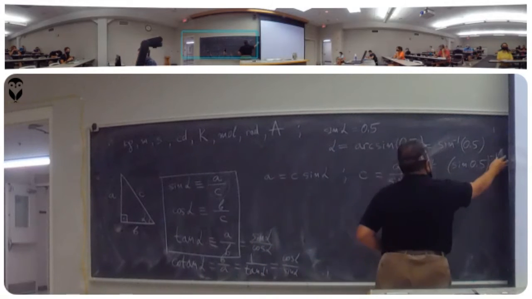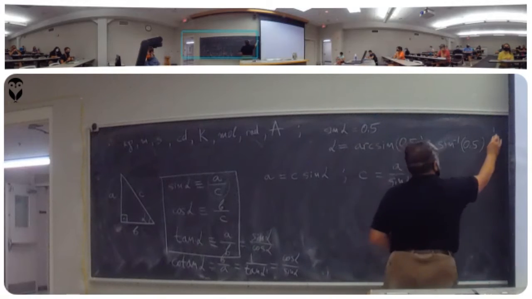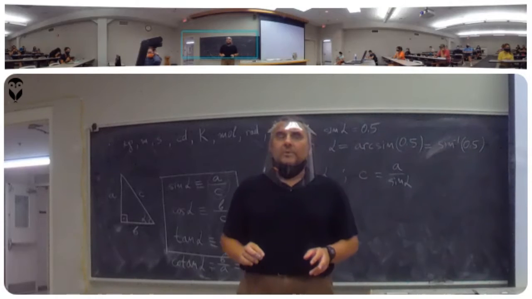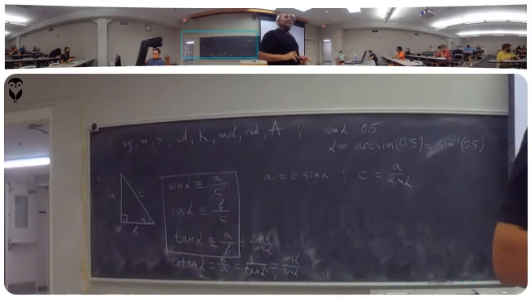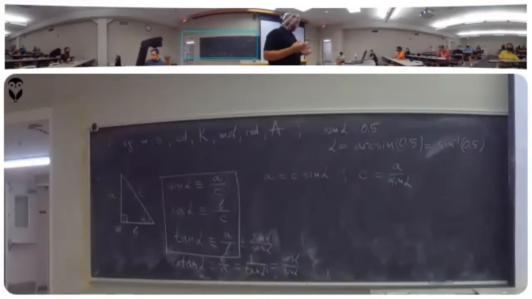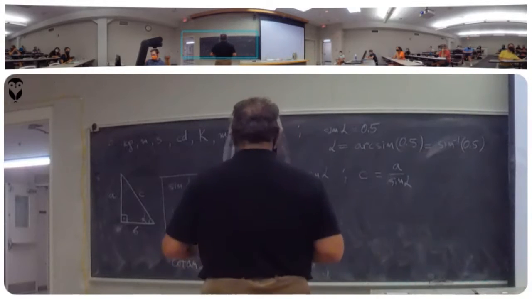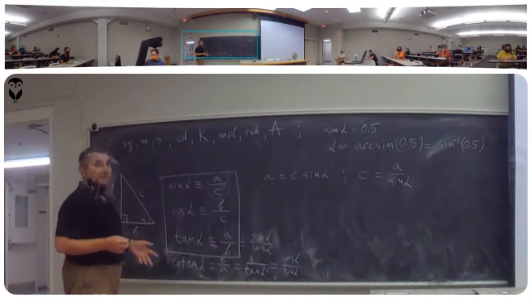And if your calculator is set to degrees, the answer that your calculator is going to give is what? Go ahead. 30 degrees, yeah. So of course you don't need to memorize that inverse sine of 0.5 is 30, because your calculator knows that already. In a similar manner, you can use inverse cosine.